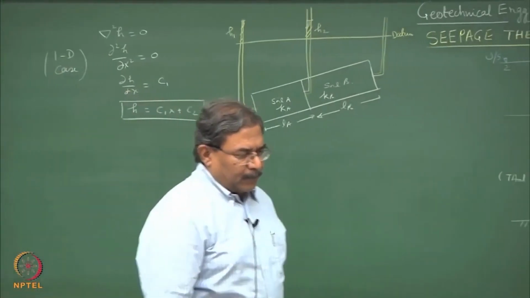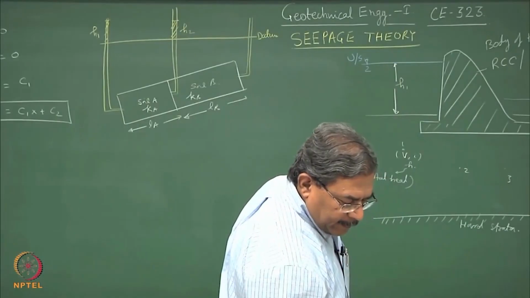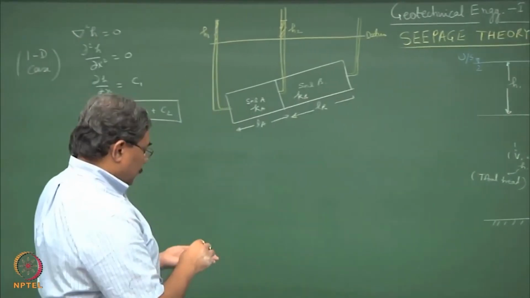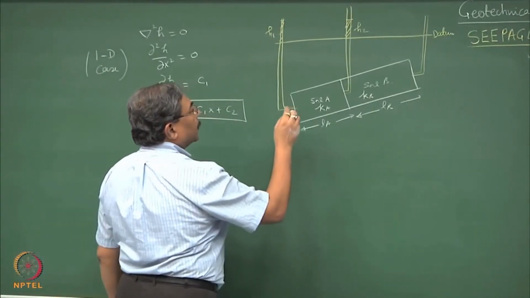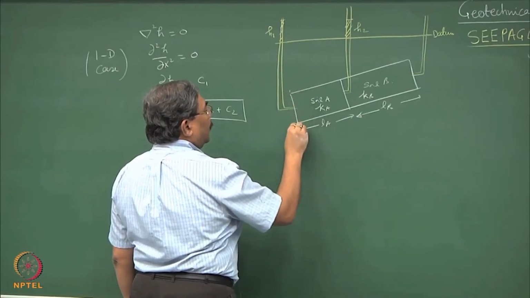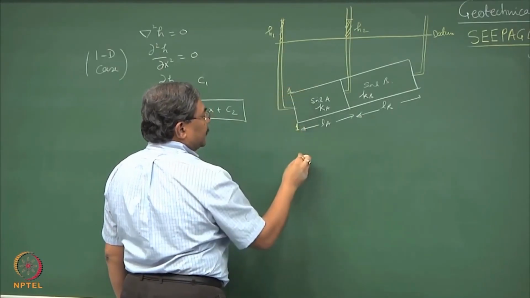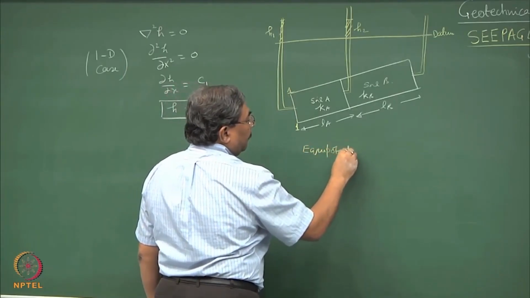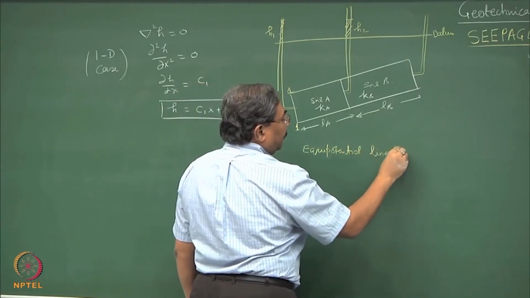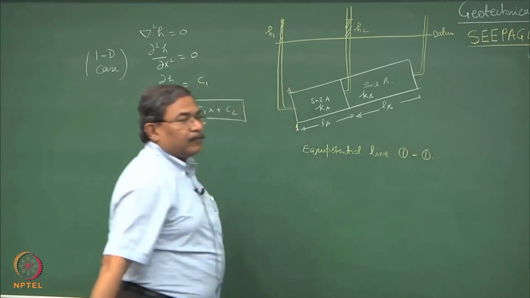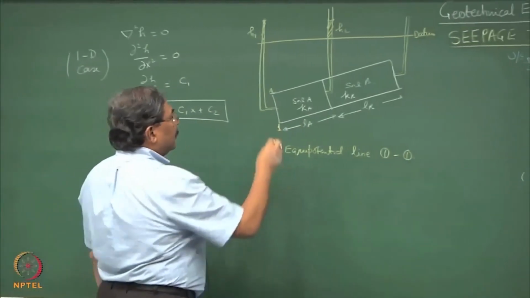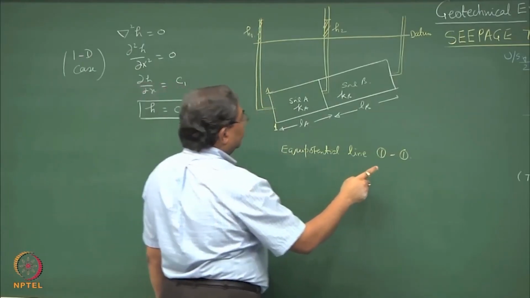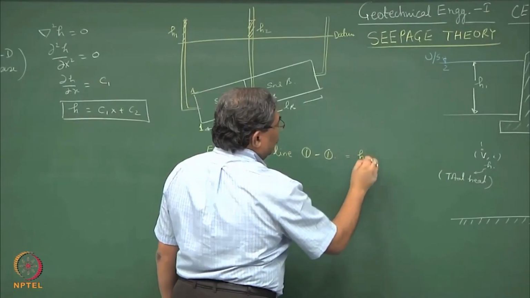So, let me introduce the concept of equipotential lines here and flow lines. I can assume 1-1 as the equipotential line, because at each and every point on the line 1-1, the potential is constant, and this is equal to H1.